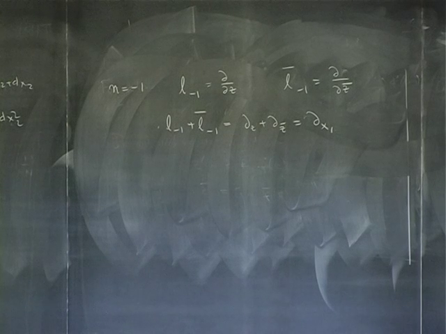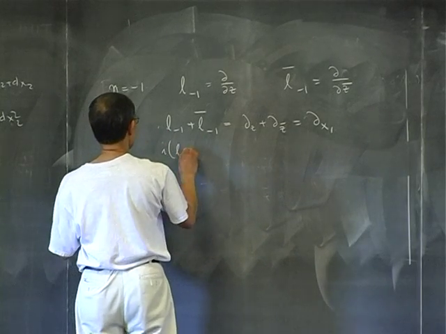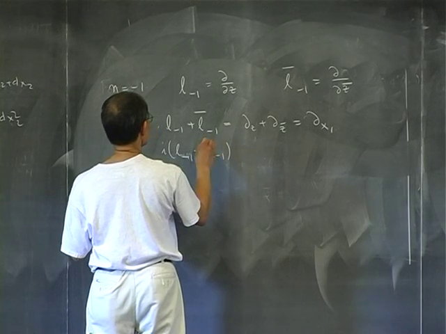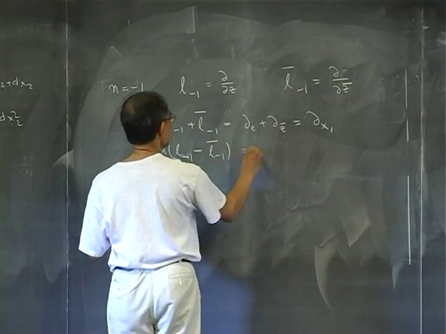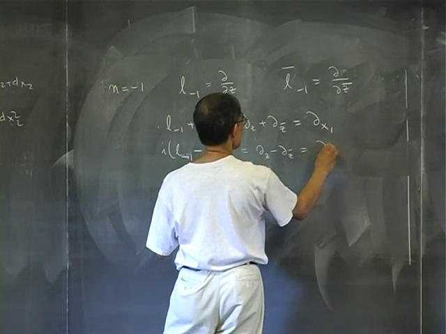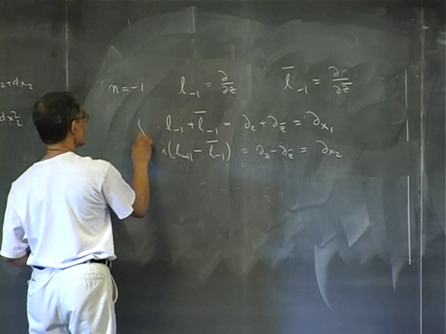So, this is the generator of translations in the x1 direction, and similarly i times L minus 1 minus L minus 1 bar is given by del z minus del z bar, equal to del x2. So, these are translations.